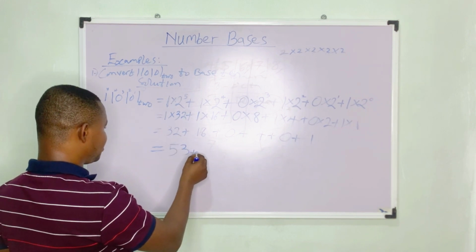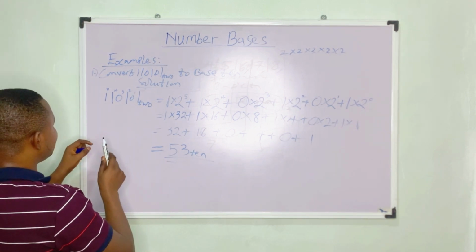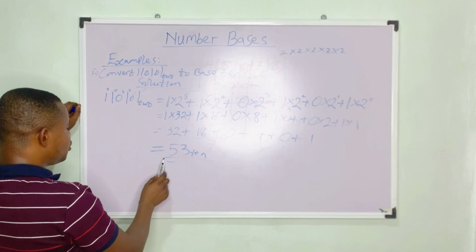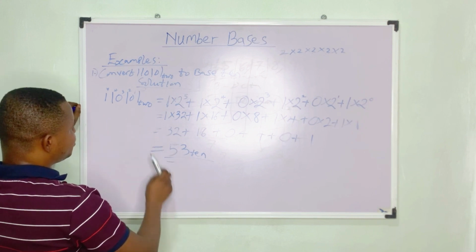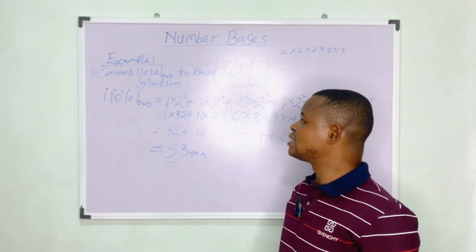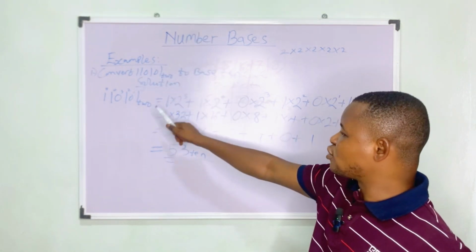And that is in base 10. So we just converted 110,101 in base 2 to 53 in base 10. So that is how to convert any number base to base 10.